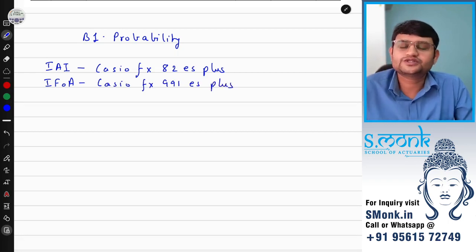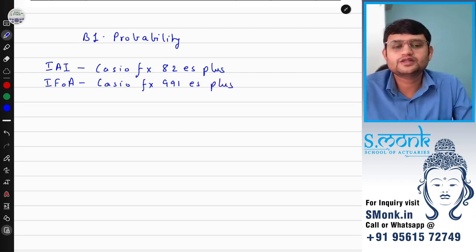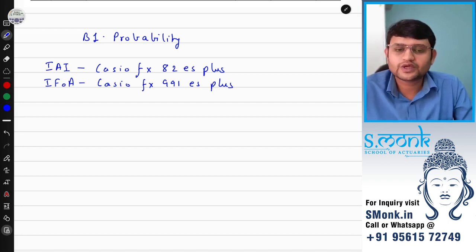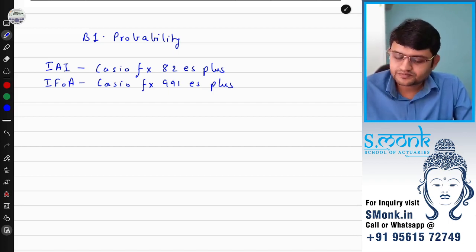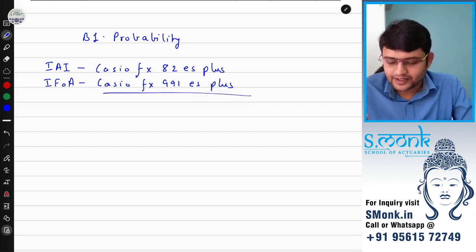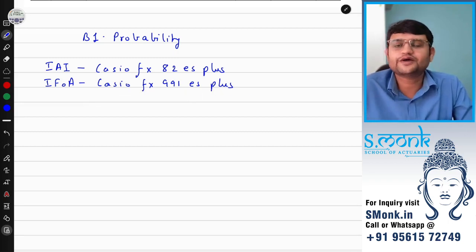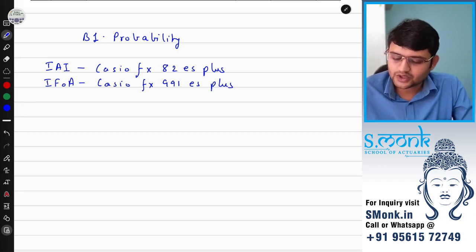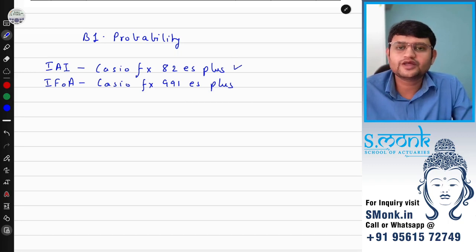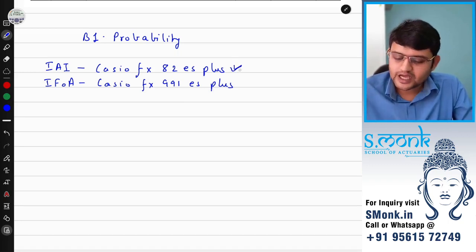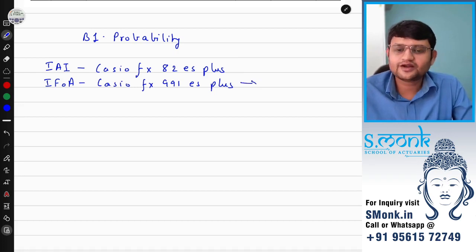Now there is no restriction of calculator in the IFOA Institute, that's the UK Institute, but this is the calculator recommended by me because all the functions we'll need are already present in this. Although everything that we are going to need the calculator for is also present in this 82ES Plus, there are a few functions that are handy in the 991 that are not present in the 82ES Plus.